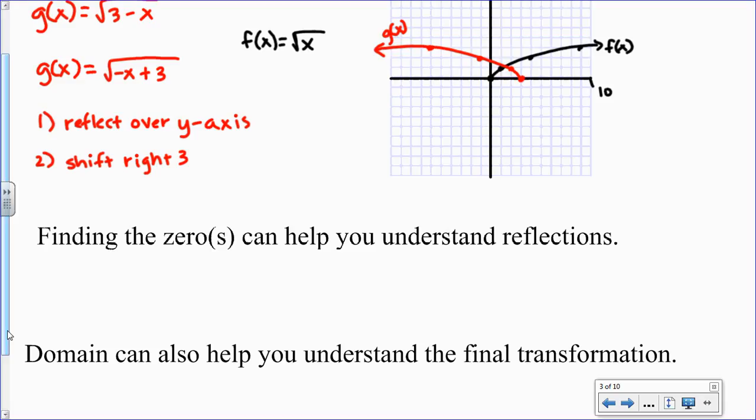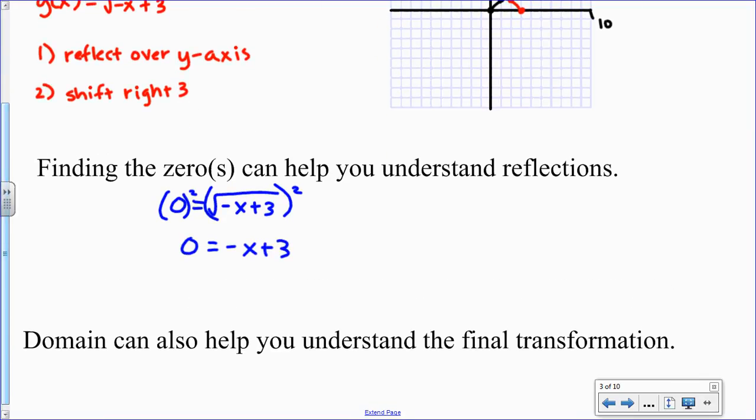So finding the 0 means you plug 0 in for y or for g of x. And let's solve. So we square both sides. This is not something that we have to do every time right now. I'm just showing you why we have the point 3, 0 and not negative 3, 0.